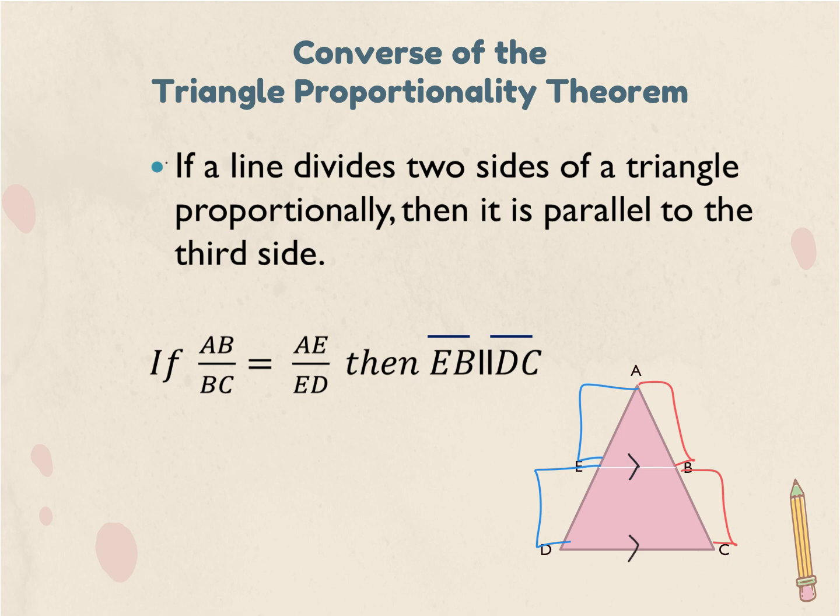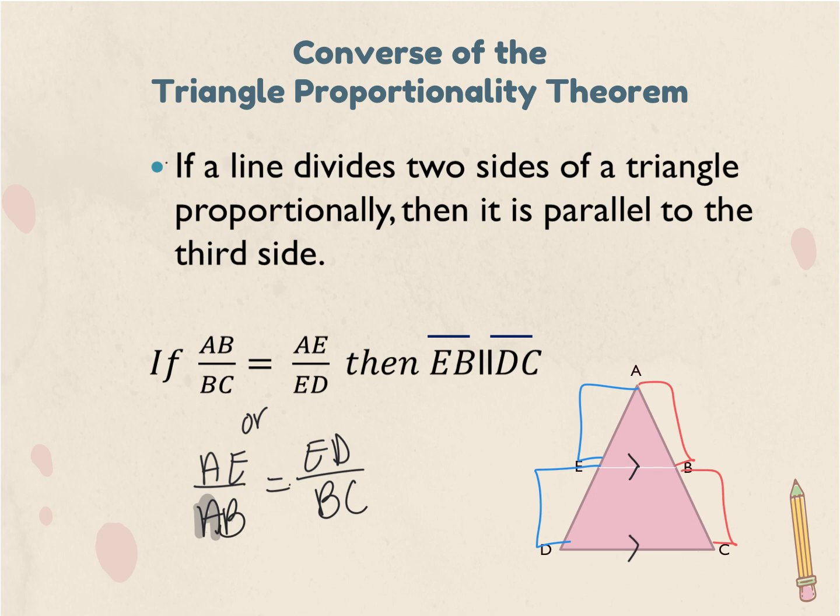Again, I can write this as AE over ED. Oh, they already gave it to me that way, so I'm going to write it the other way. AE is proportional to AB, and ED is proportional to BC.